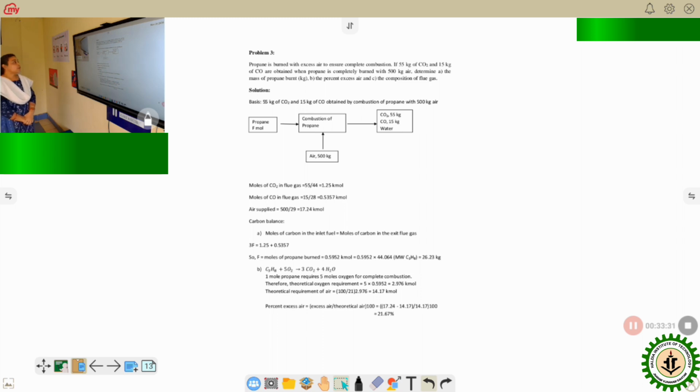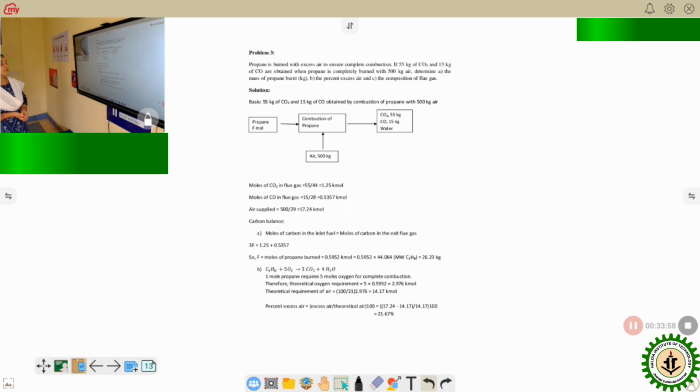Now the theoretical requirement of air comes from the composition of oxygen in air. The percentage of oxygen in air is 21%. So the theoretical requirement of air is 100 divided by 21 times the theoretically required oxygen.